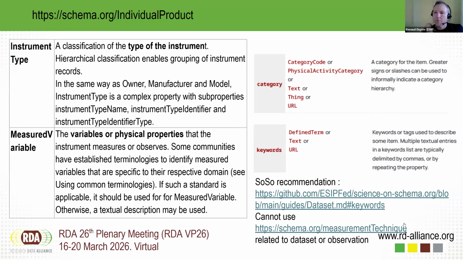I have a few questions for you, Stephen, after, but there are recommendations about how you can use these keywords on schema.org. Just as a note, there is a measurement technique property, and I think we can't use it as it is now. I suppose that's why you didn't choose it either, Lucas, Stephen.